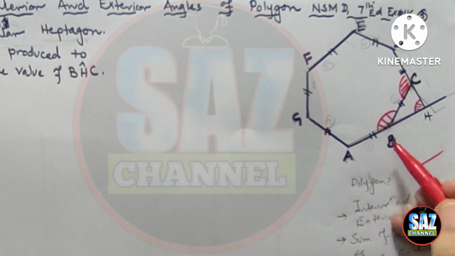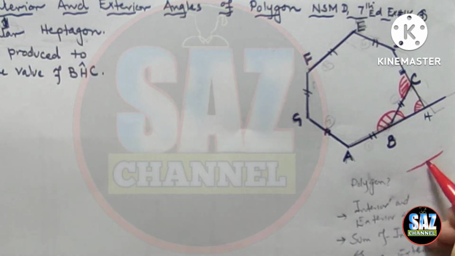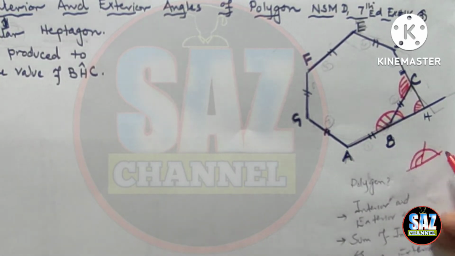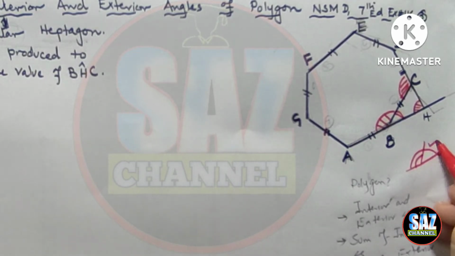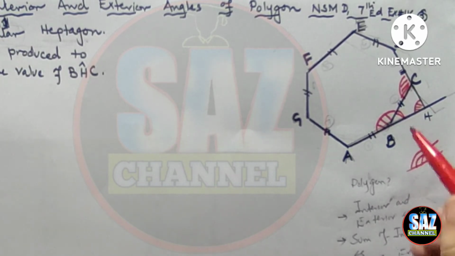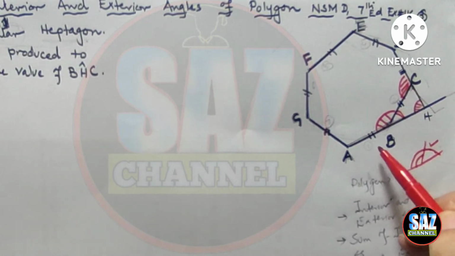If we look at angle B towards this side, they are making a semicircle. They are adjacent to each other. So I can subtract this value from 180 degrees to get this exterior angle. Whatever the value of this exterior angle, the same will be the value of angle C.